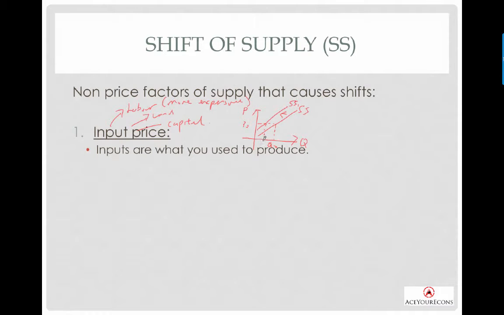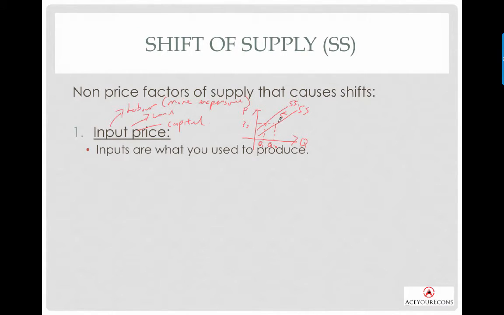It simply means that at the same price, you will want to produce less, because you're going to employ less labor. Your product price is the same, but because of higher wage costs, you're going to employ less labor and produce fewer goods at Q1.